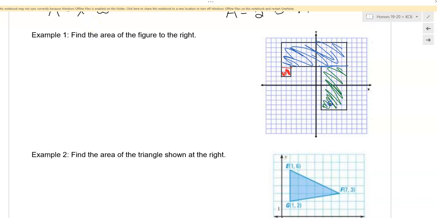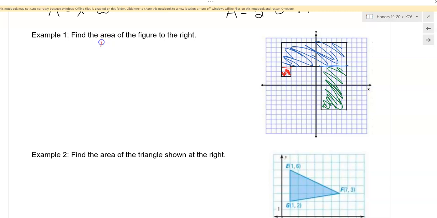So this shape is really just made up of 3 rectangles. There's more than one way to split up any figure. I could have split it up several different ways. But as long as they're all rectangles or triangles for the figures we're doing, then you will be able to find the area. So I'm going to find the area of our little red shape first.